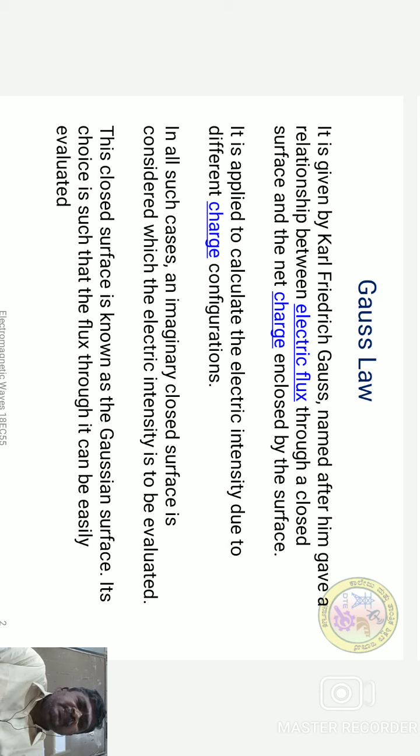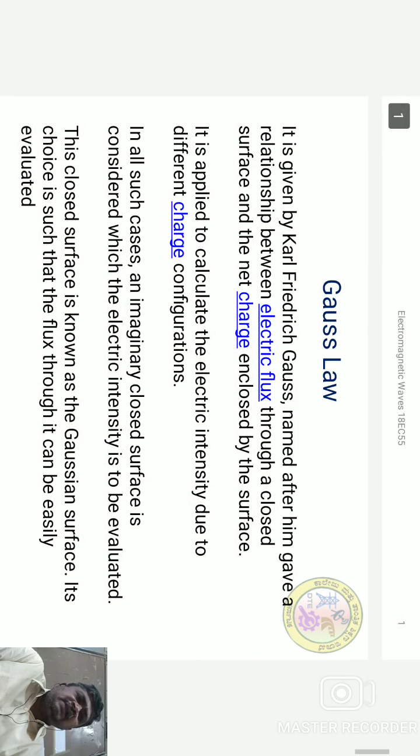So this is the statement of the Gauss law. To apply the Gauss law, the charge has to be enclosed by a surface. Then we can apply the Gauss law and calculate the electric field.